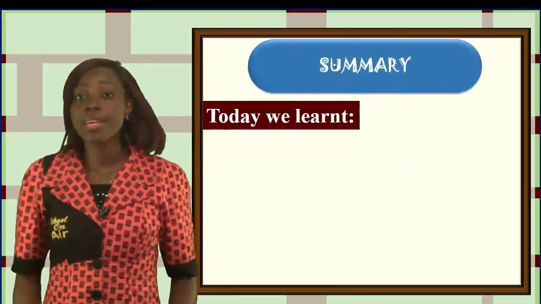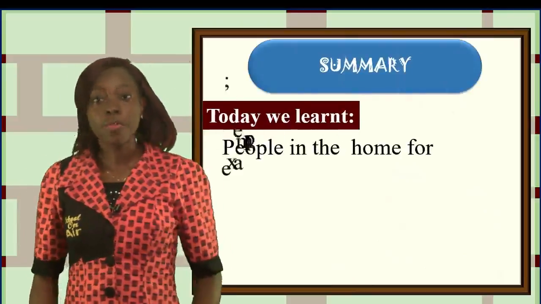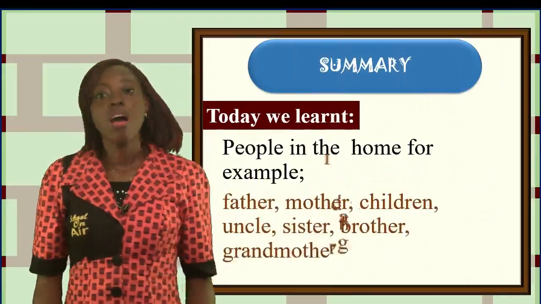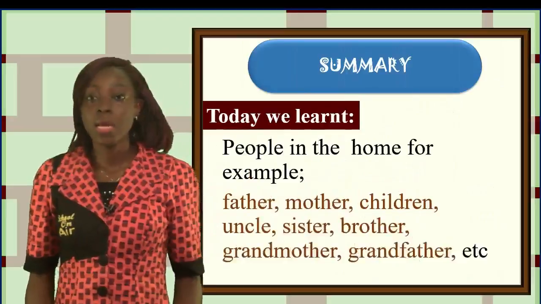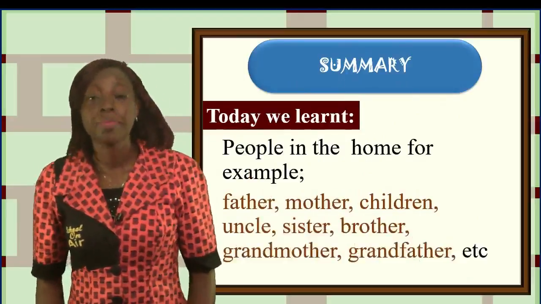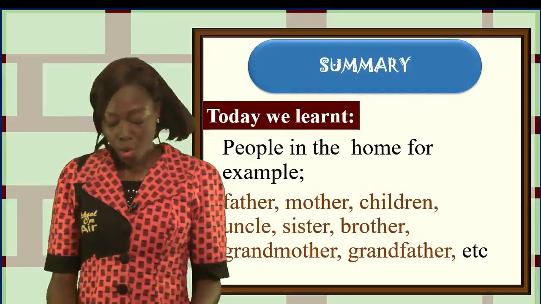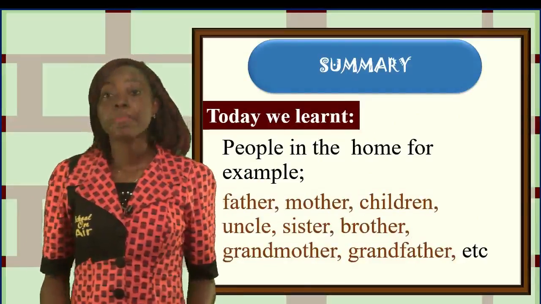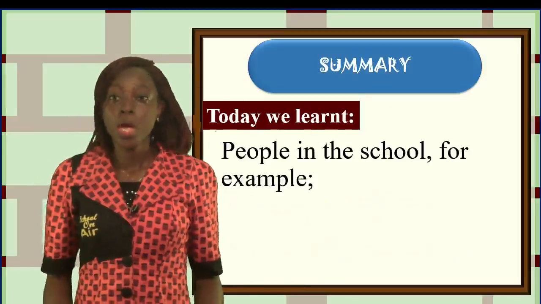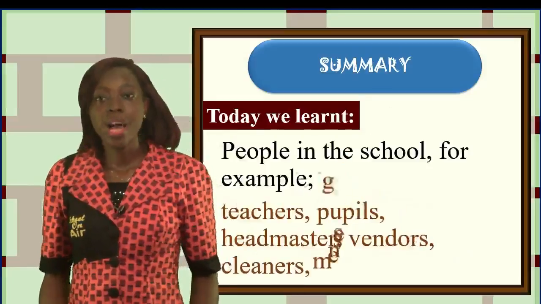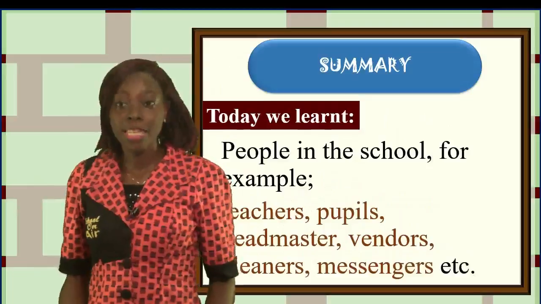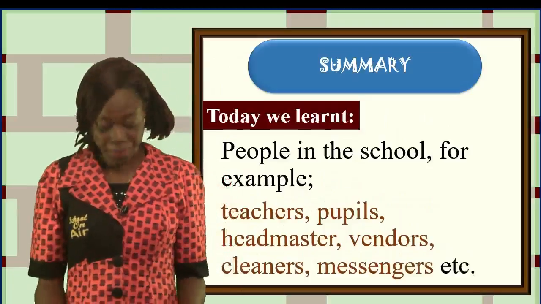Now today we've learned people in the home, for example, father, mother, children, uncle, sister, brother, the grandmother, and the grandfather, and so on and so forth. We also learned about people in the school, for example, teachers, pupils, headmaster, the vendors, the cleaners, messenger, and lots more.